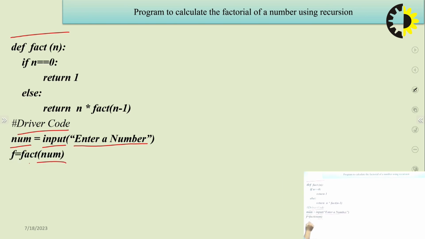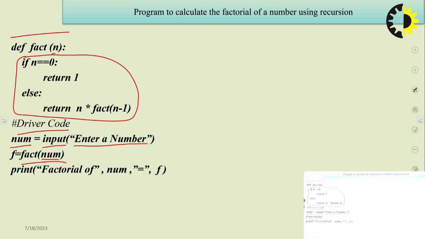Then call the factorial function and pass num as a parameter. We receive it in n and perform the task, return the value and save it into the variable f, and print the factorial value which is in the f variable.